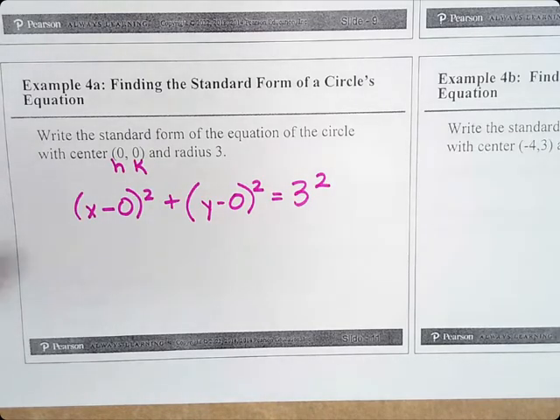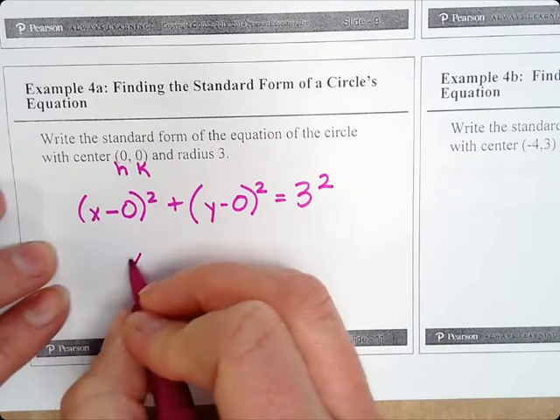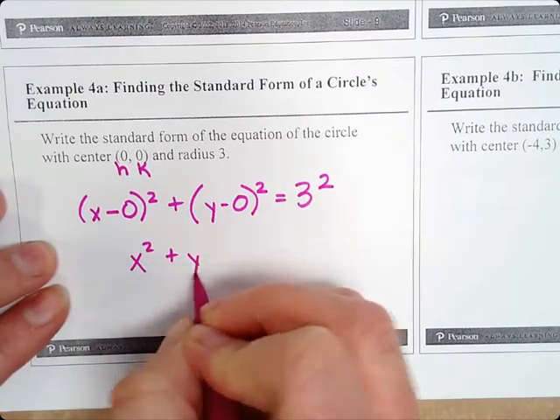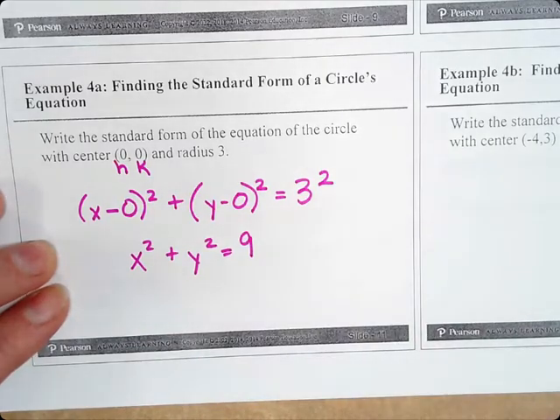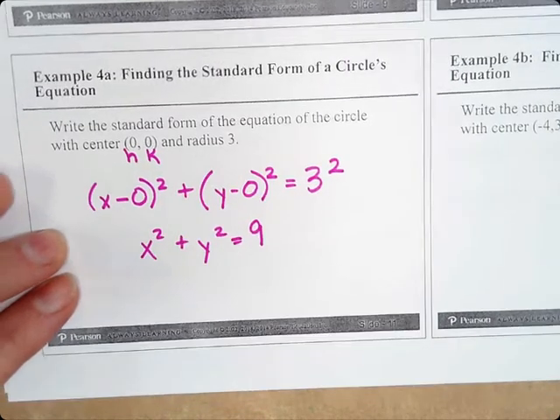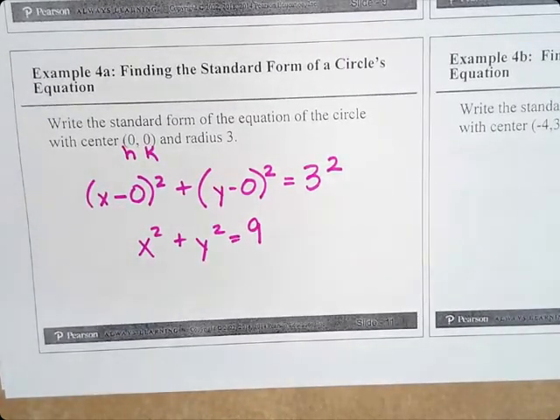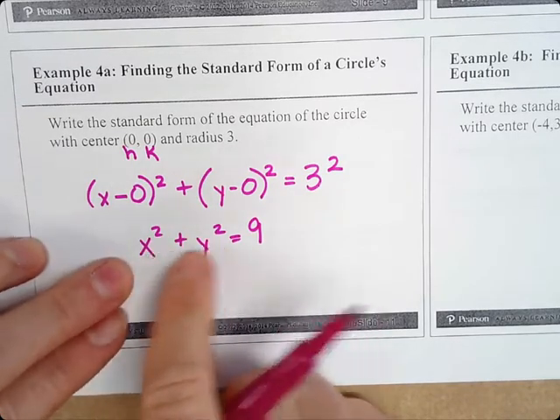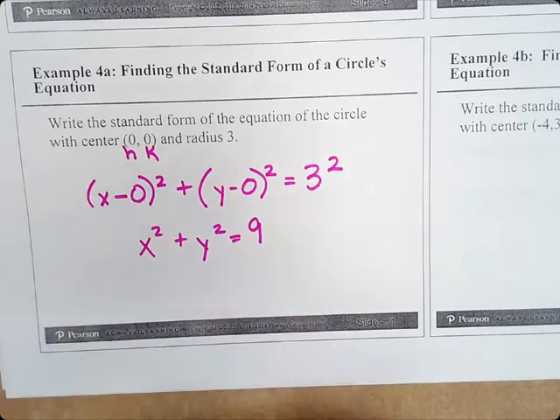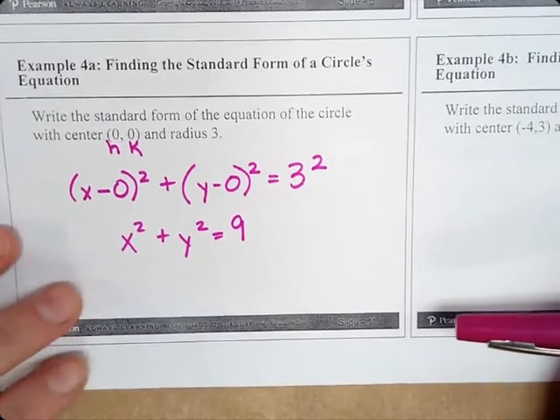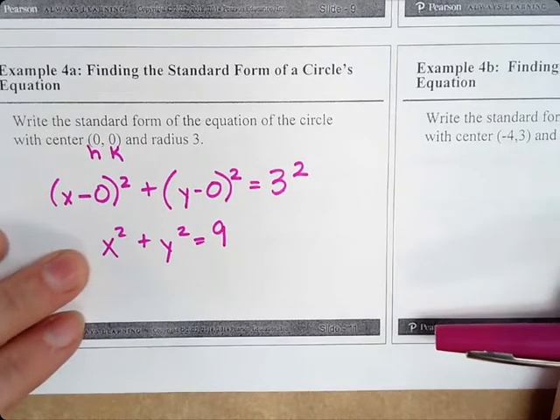So the zeros don't make any difference. So we're just left with x squared plus y squared equals 3 squared, which is 9. That's the equation of the circle that has a center of 0, 0 and a radius of 3. So anytime it doesn't have a plus or minus with that x, you know that the origin is your center. That's the basic form.